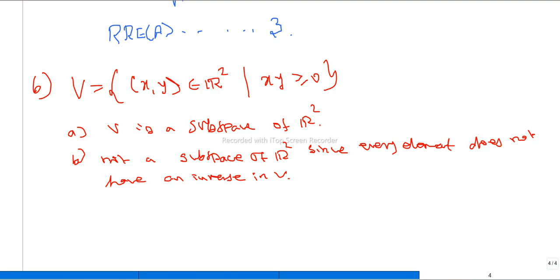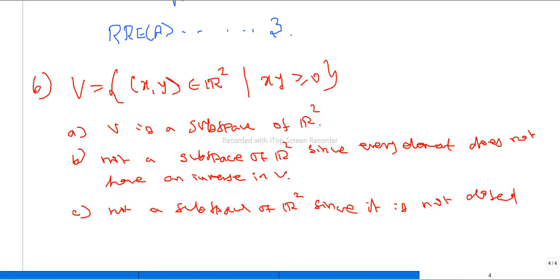The third option is not a subspace of R2. The reason is since it is not closed under scalar multiplication.